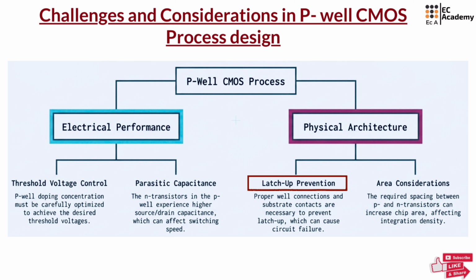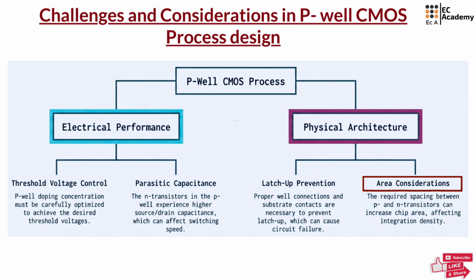Finally, let us look at the fourth challenge, which is area considerations. Today, everyone wants a small phone or a thin laptop. To make them small, we need to pack millions of transistors very close together. This packing is known as integration density. But there is a problem with the P-Well process.